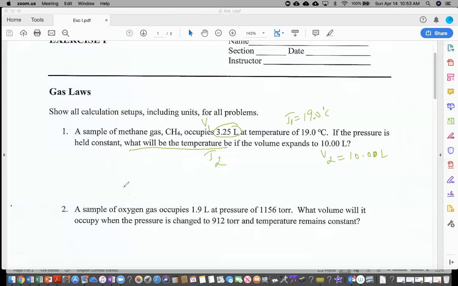So what is the situation when you want all your units to be perfect? When do you want your pressure to be in atm, your volume to be in liters, and your temperature to be in Kelvin? Temperature is always Kelvin. Forget about that for PV equals nRT: when you have R, you must have correct units.